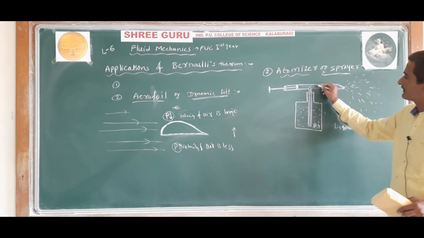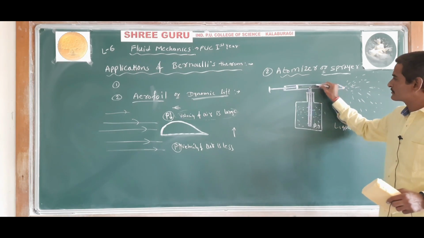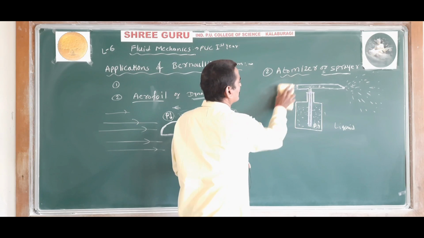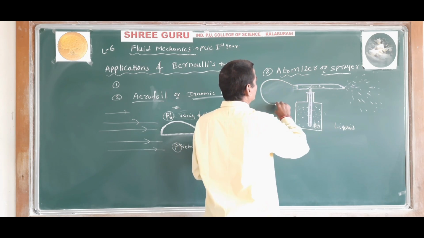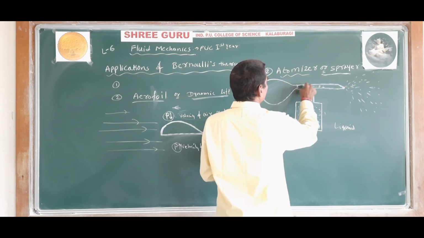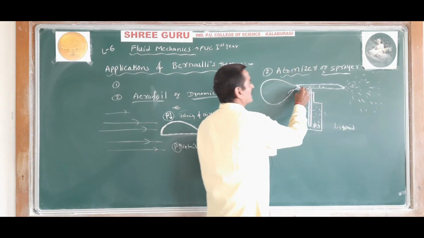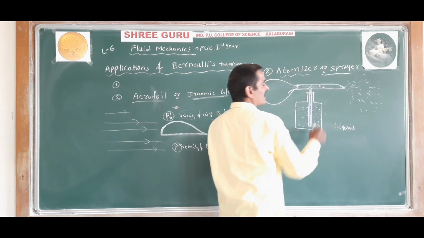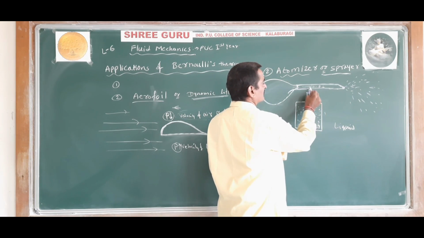The main concept is that here a large velocity air is created by moving the piston, or some of the books also tell it like this: a balloon is connected here. When the balloon is blown, a large velocity wind, air, is created. So the velocity of the air will be larger at the top surface of this tube.